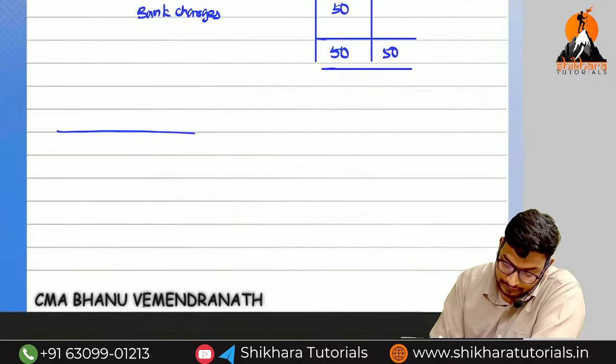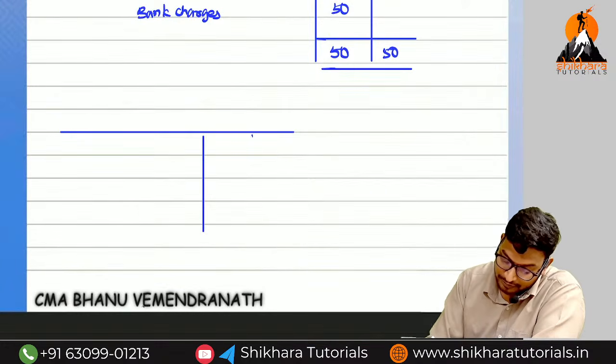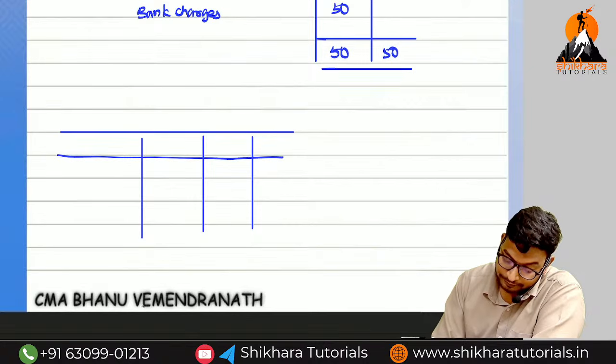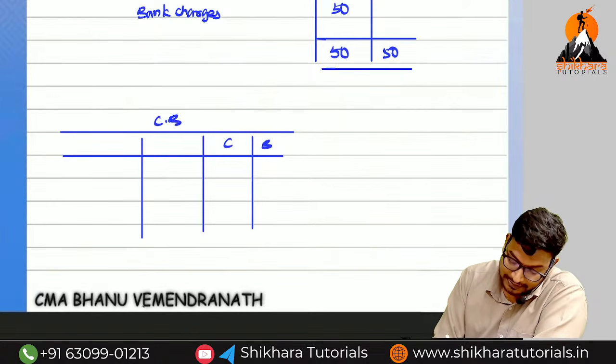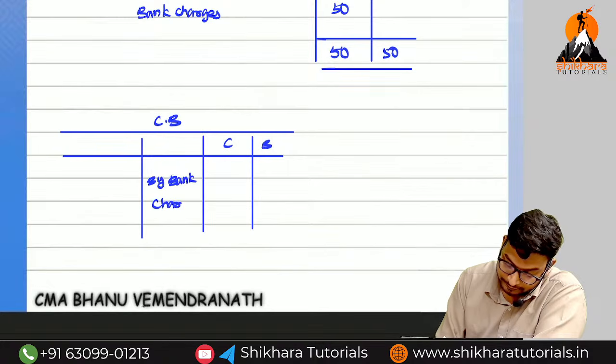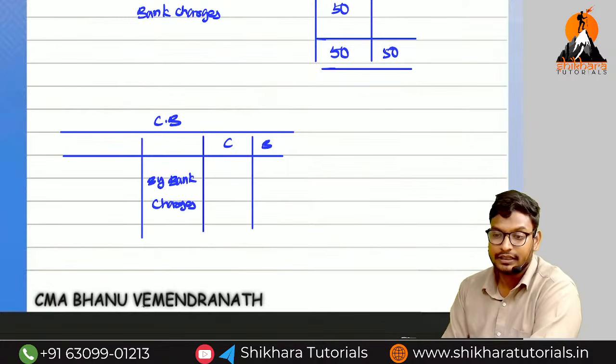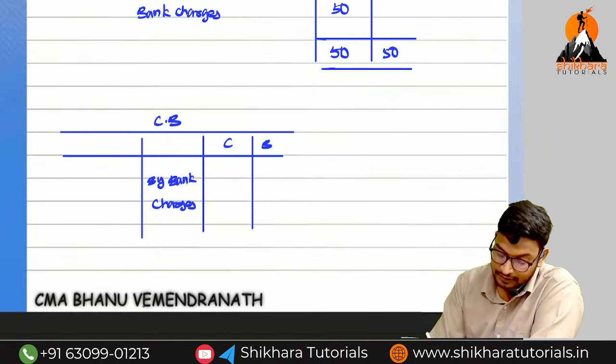Right one is nothing but, in the cash book, imagine how many columns will be there? Two columns. This is totally the debit side. So this is a cash and the bank. This is a cash book. By bank charges. Which side do we need to record in the bank column? 50 rupees.